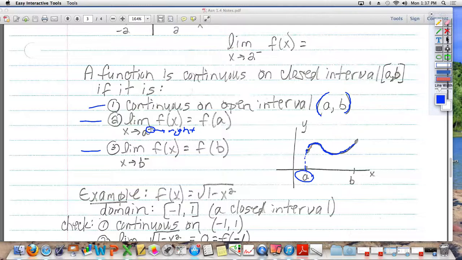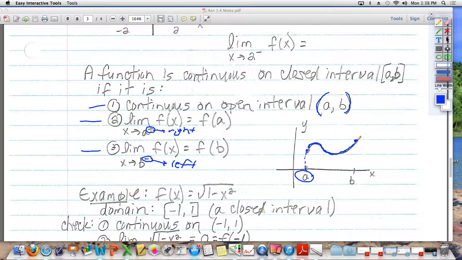But now you need to check the other end. You need to check what's going on over here. You need to find the limit of the function as we approach B. Here's B. From this, which remember means left. As you are headed in and approaching this point, the limit is this value. That's the point that we are approaching. Is it the same as the value of the function at that point?